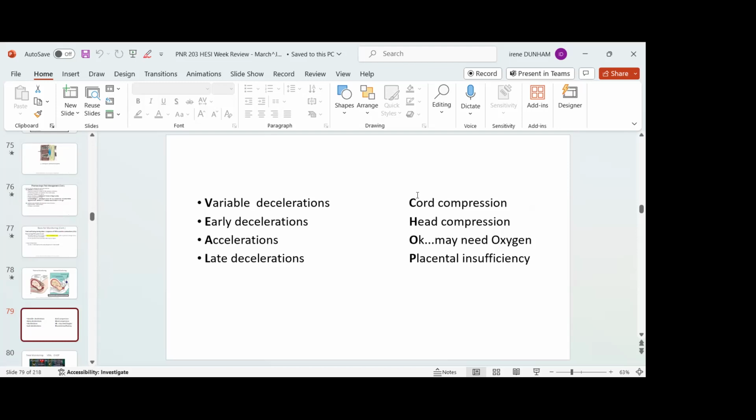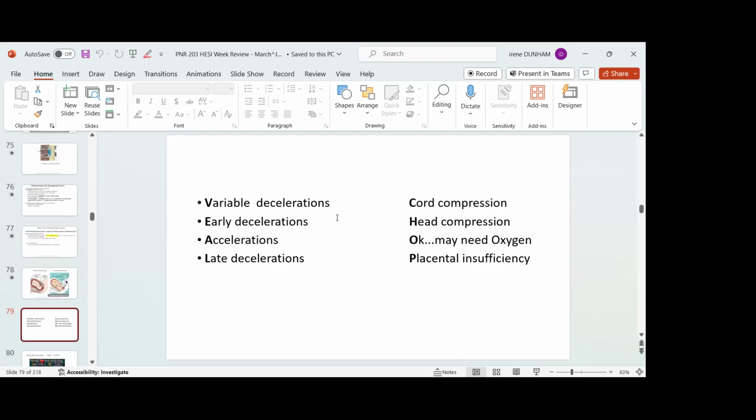So you have to know that's cord compression, and want to know what would be your priority nursing intervention. So you have to read those questions very carefully. But what you do is, whatever position she's in, put her on her left side, because that's when you get better perfusion. So what you're doing is you're getting the pressure off the cord.